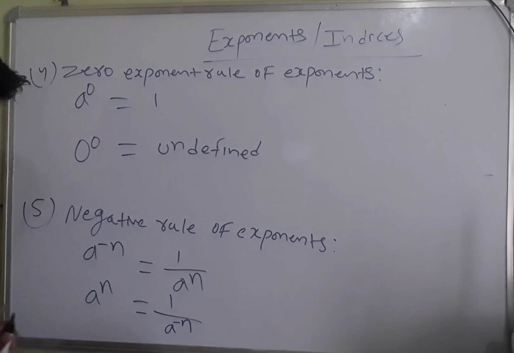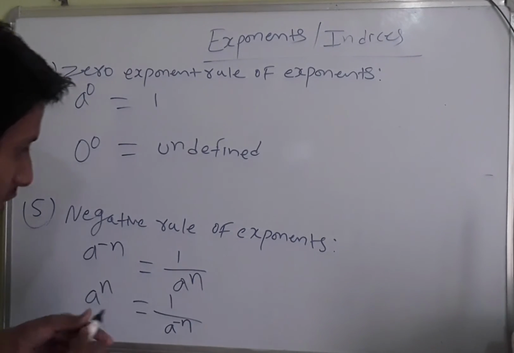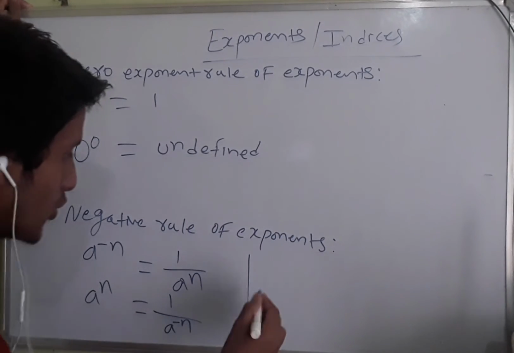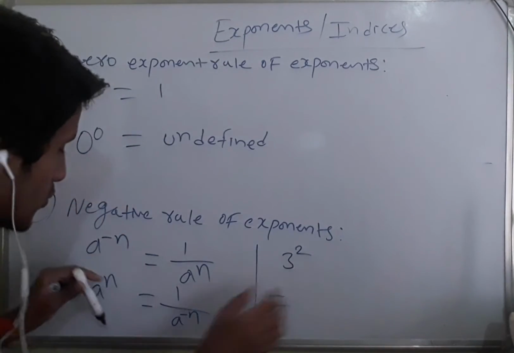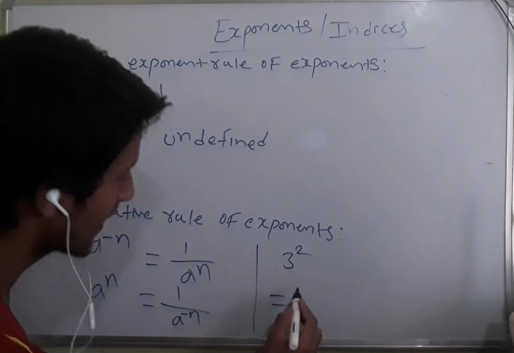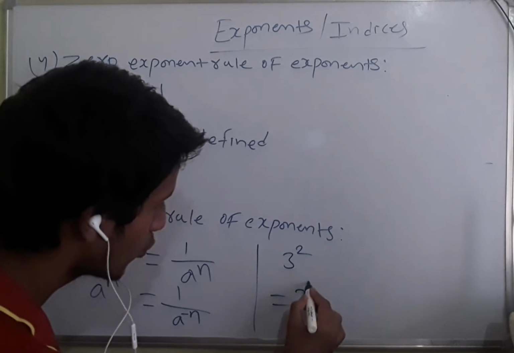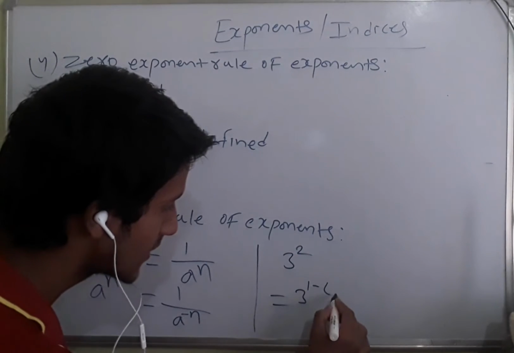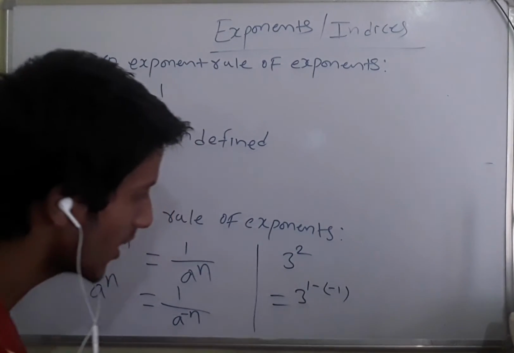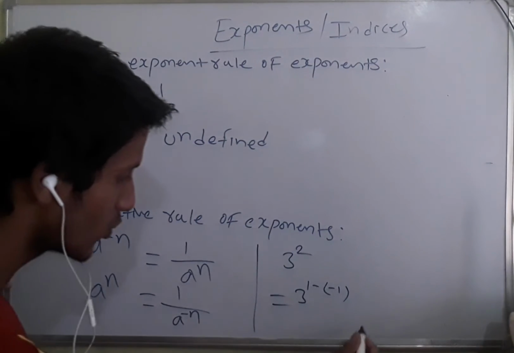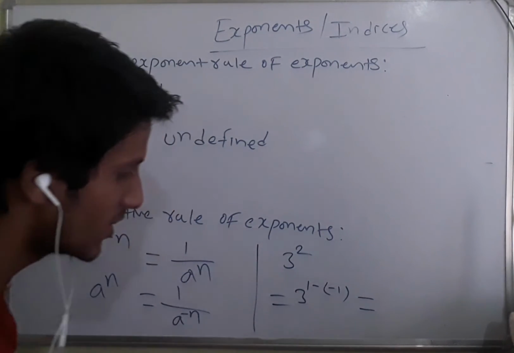And again, if you want to get the proof of this, we can deal with a number having a positive exponent. This time, let's take an example of this one. Here you can write this as 3 to the power 1 minus a negative number, let's say minus 1. This is basically adding 1 to this, which gives 3 squared, the original number.